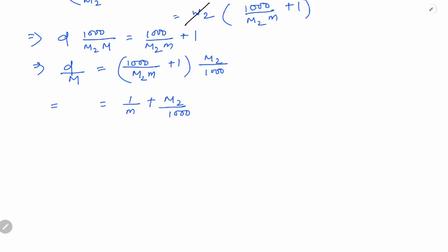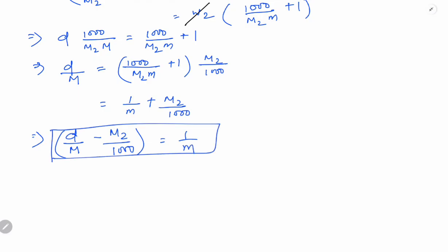So we can find that d by M minus M2 by 1000 is equal to 1 by m. This is our relationship between molality and molarity if density is given. So what if molarity is given, molality is given, density is given? Then we can use this formula. Understood?